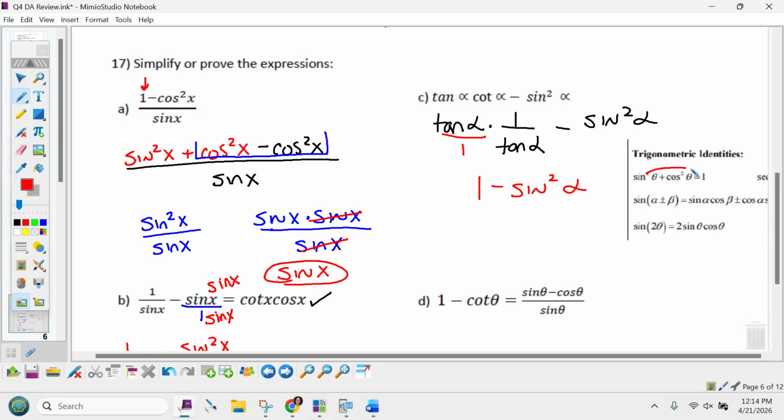You can manipulate, right? We can subtract sine squared to the right, or I'll replace 1 with sine squared plus cosine squared. Bring down the rest. And then we've got sine squared minus itself, so we are left with cosine squared alpha.